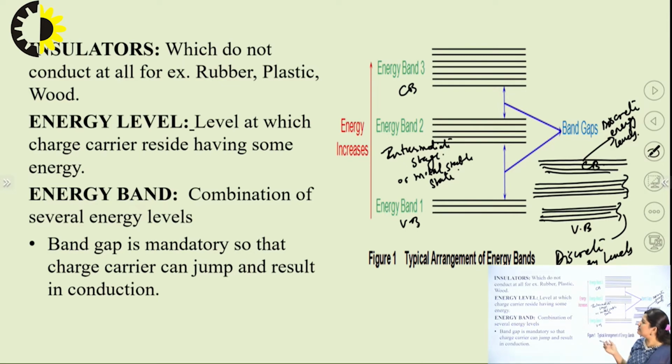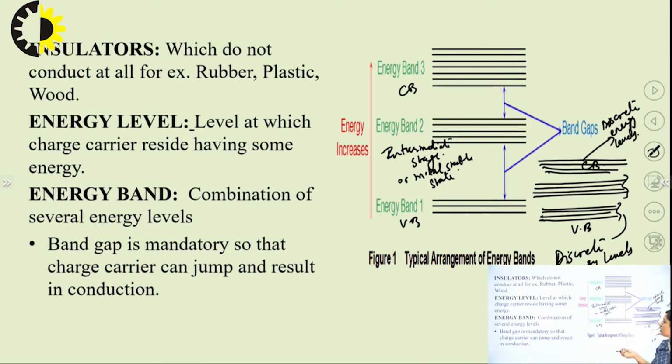So, an energy level is a level at which charge carriers reside having some energy. An energy band is basically a combination of several energy levels. A band gap is mandatory so that the carriers will jump and result in a particular conduction. If there is no jump from the valence band to the conduction band, there is no flow of energy.